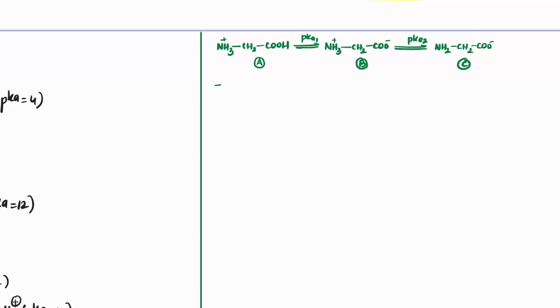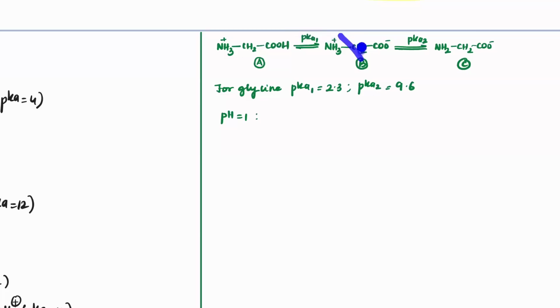You know, for glycine, the pKa1 value is given as 2.3, and the pKa2 value is given as 9.6. Now tell me, when pH is equal to 1, which one will be the major quantity?